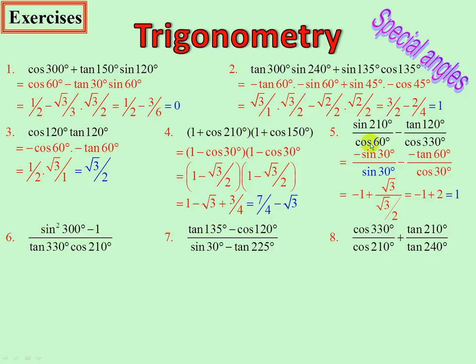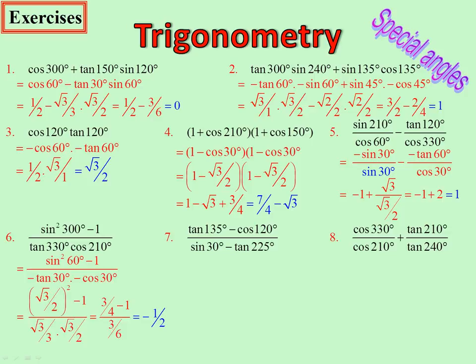Notice here I've saved myself some time. This is turning out as sine 30, so why don't we write cos 60 as sine of 30 straight away? Very complex.